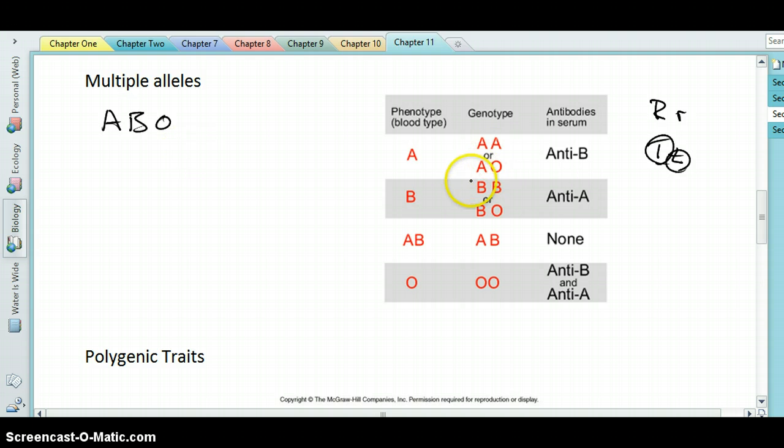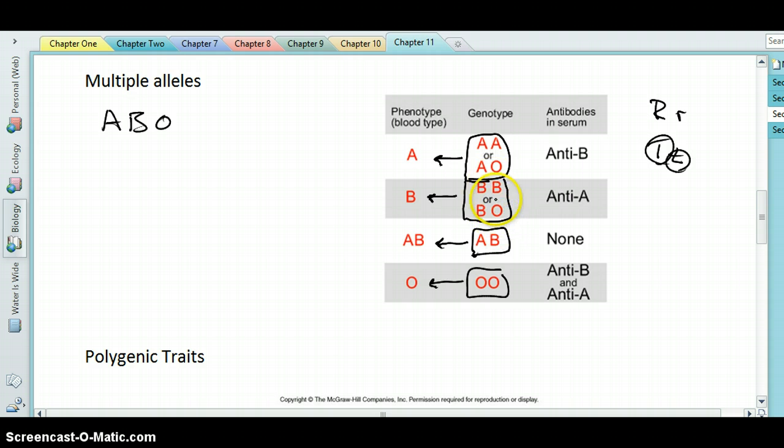Now notice, these two genotypes give you A-type blood. These two genotypes give you B-type blood. This genotype gives us what we call AB blood, not A, not B, but AB. And this genotype gives us the O phenotype.